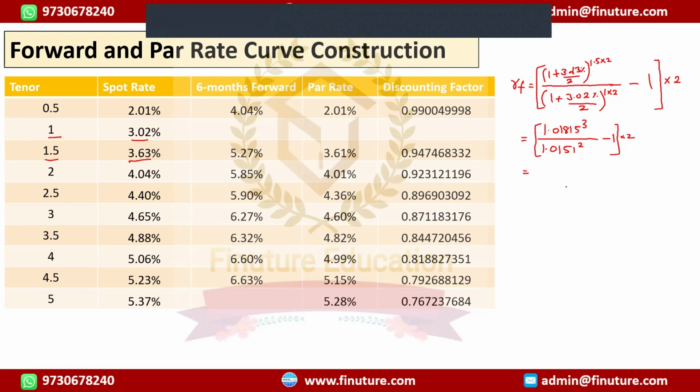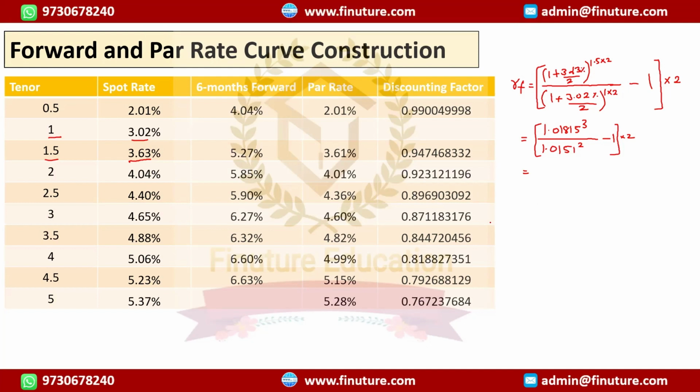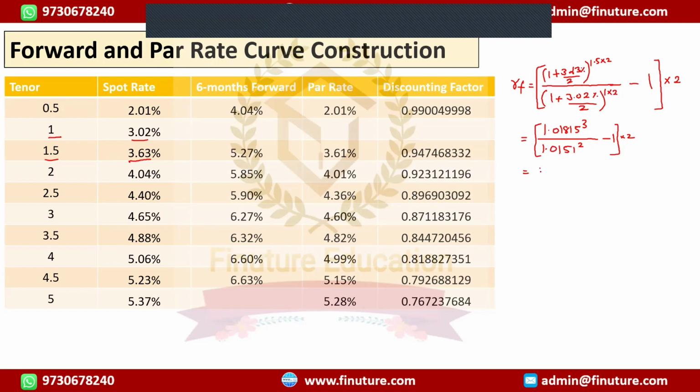Let me just do 1.0242 minus 1, and that's around 2.42, and we will multiply that by 2. Let's see how much we get. It's around 4.85%. Let me verify if that's correct. Yeah, that's correct, 4.86%. So if you calculate this thing, you will get 4.86%.